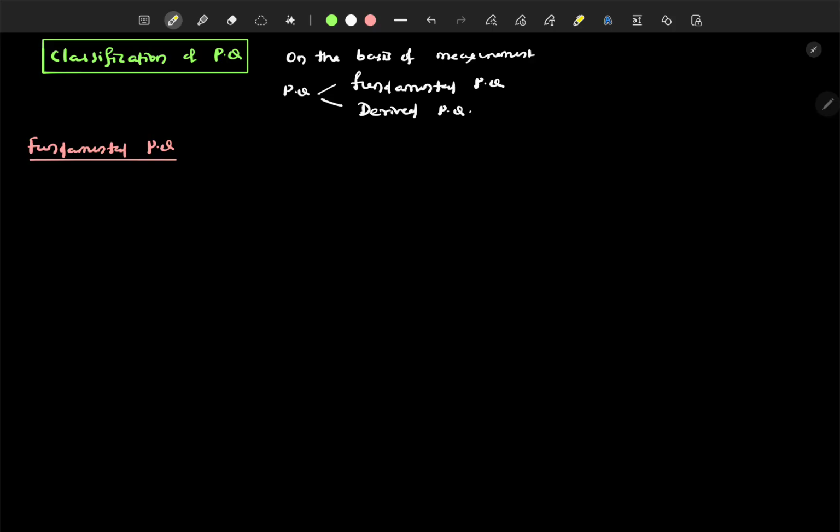We can't make any changes in the alphabet. The number of alphabets remains fixed, 26 in number. But the number of words available in the dictionary is variable; day by day it is increasing. Like this, for fundamental physical quantities, the number is fixed. First see what these are.